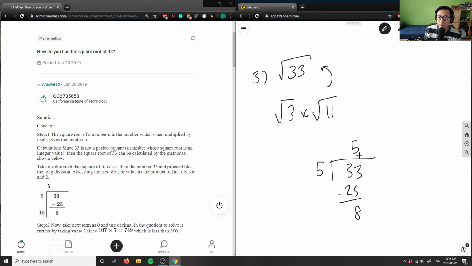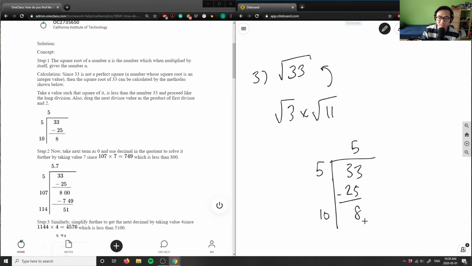And then finally, I would double the quotient here. So 5 times 2 is 10. And then I'm going to add 2 zeros here.